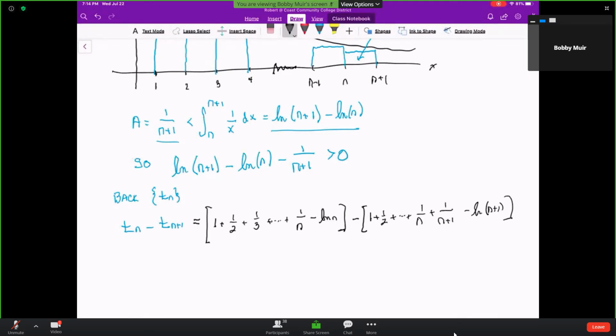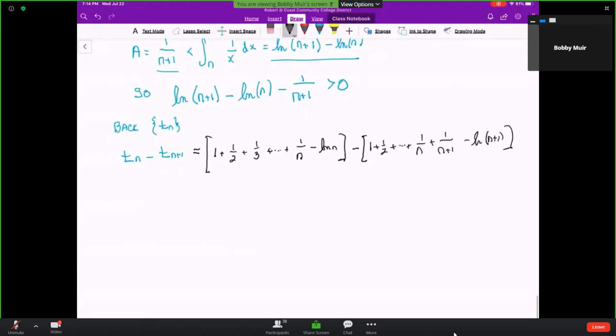Leonhard Euler was a very clever fellow. Okay, now these are finite lists, so I don't have to worry about doing stuff. A bunch of things cancel, and what we're left with is this thing that we looked up above, minus this guy, minus 1 over n plus 1, which is positive.